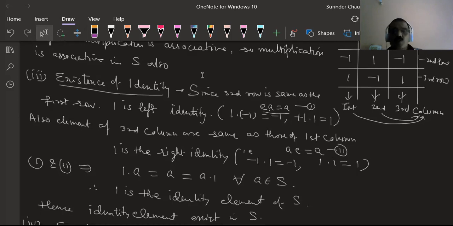If we take a is equal to 1, 1 into 1 is equal to 1. If a is equal to minus 1, then 1 into minus 1 is equal to minus 1 into 1. So 1 will act as an identity element for this binary composition.